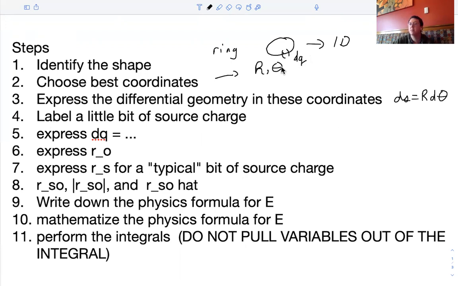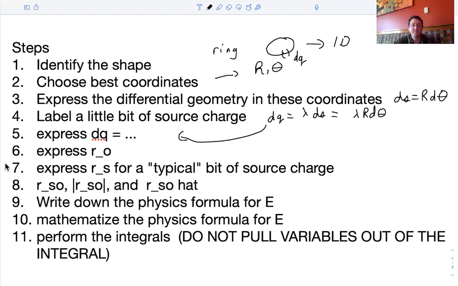I'd want to rewrite that in terms of geometry, so dq equals lambda ds. Every little bit of arc length gives me a little bit of charge, and the factor that makes that happen is the linear charge density. I could write that as lambda R d theta, and that's what should go down here for dq.